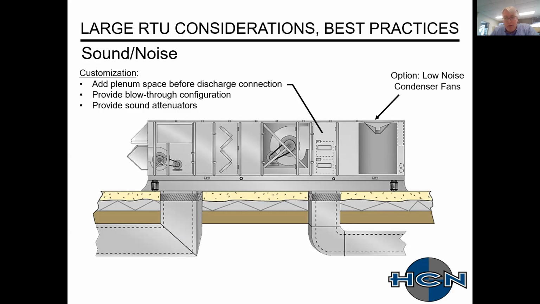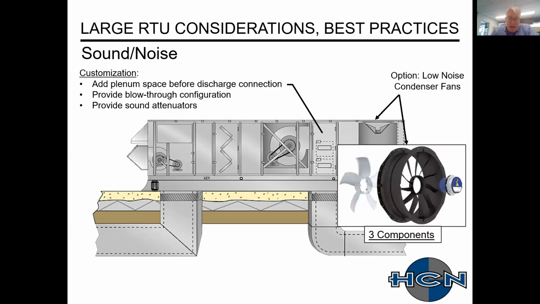Another option that's come up the last couple of years is low noise condenser fans. Here's a blow-up view of the new condenser fan. It consists of 3 components. From left to right, you have your fan blade with your outlet on the trailing edge to reduce the sound. The center black piece is a diffuser support.